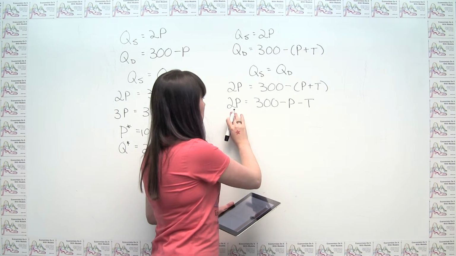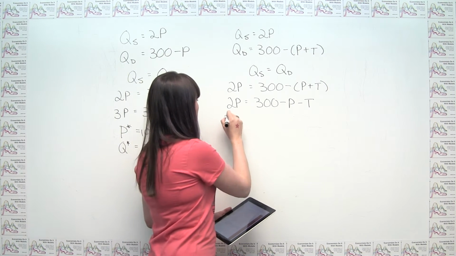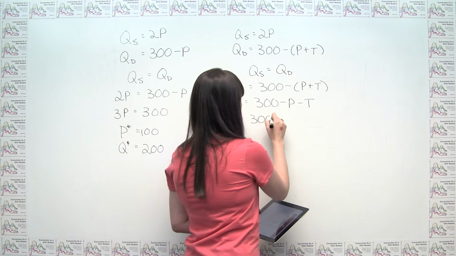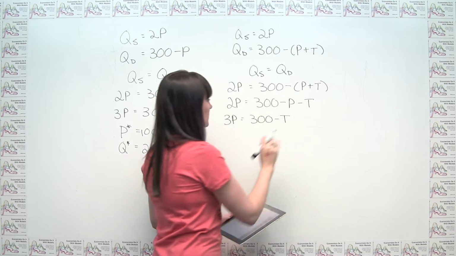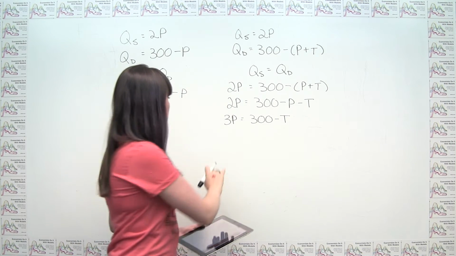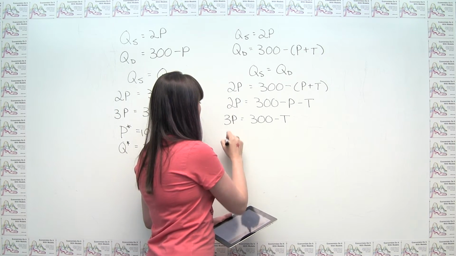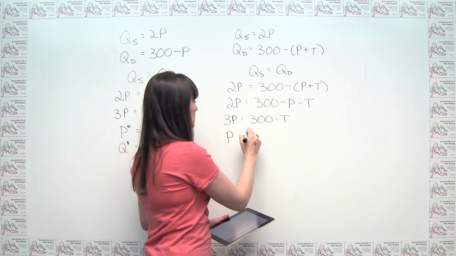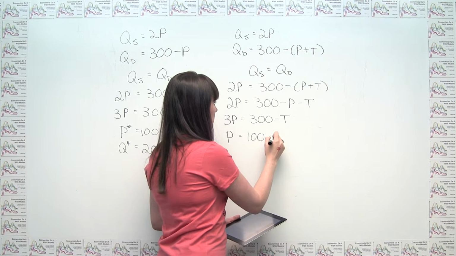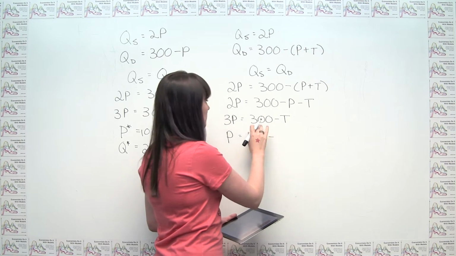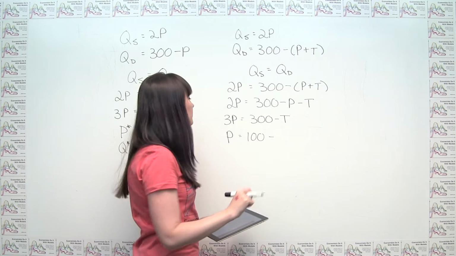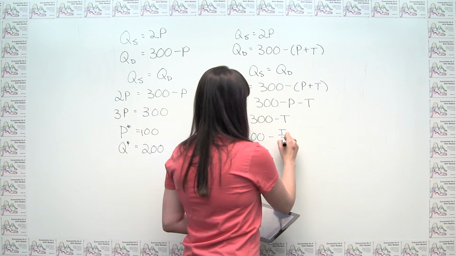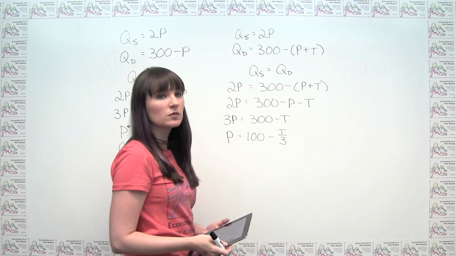Again, we can pull this P over, and we can say 3P is equal to 300 minus T. We can divide both sides to see that now P is equal to, well, 300 divided by 3, sorry, my bad, is 100, and T divided by 3 is just T over 3.